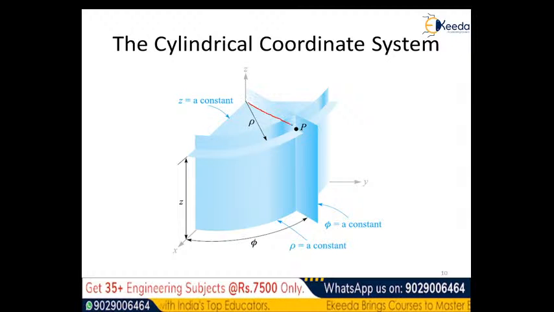Another, for this line segment, at the point of intersection on the z-axis, we consider the positive x direction, and the angle measured from the positive x towards the positive y is the angle phi as shown here. And z is common as we switch from rectangular to the cylindrical coordinate system.